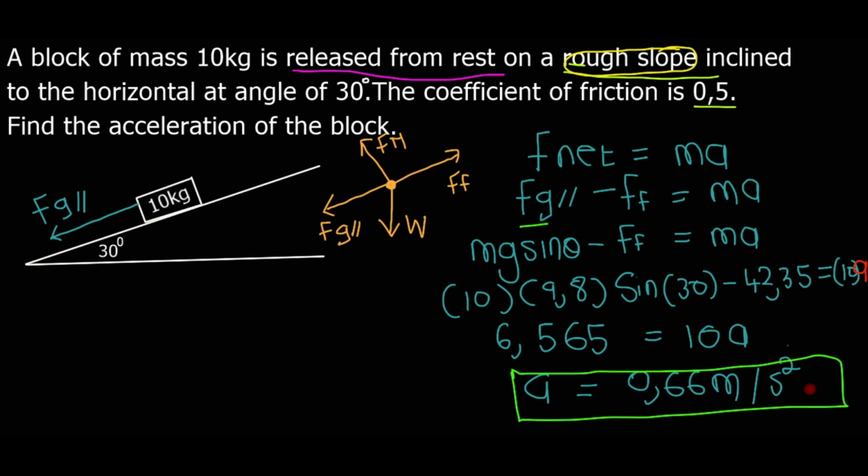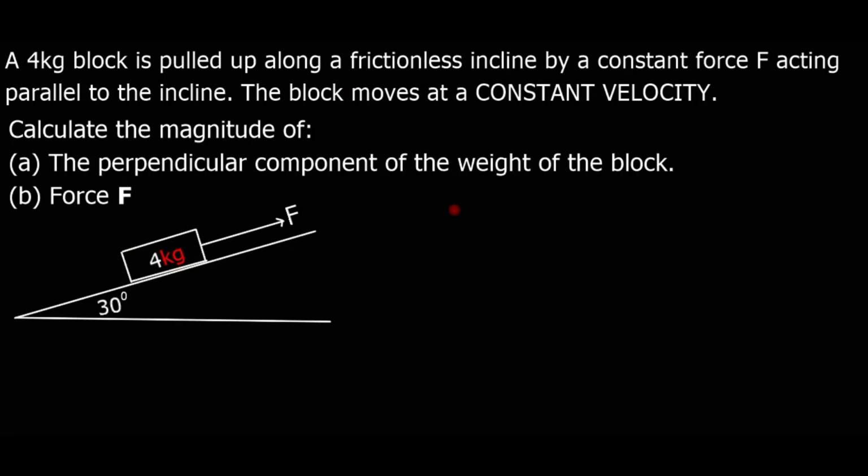Let's look at the next one. A 4 kilogram block is pulled along a frictionless incline by a constant force F acting parallel to the incline. The block moves at a constant velocity.